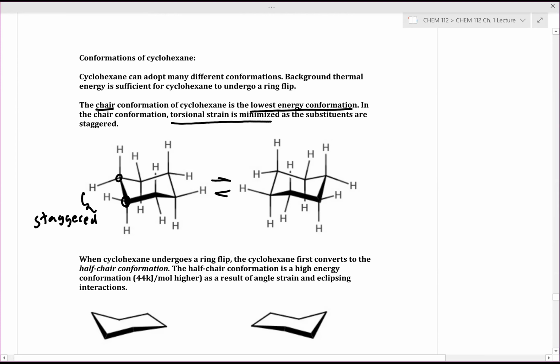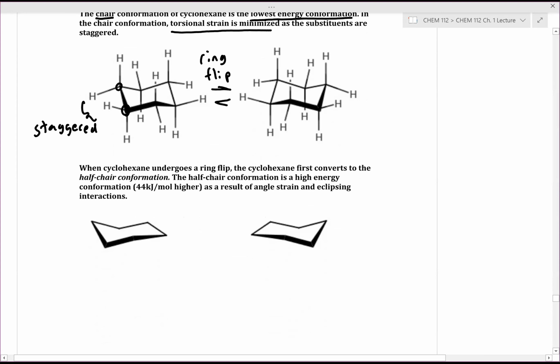Now, in order to interconvert between chair conformations, we have to undergo a process known as a ring flip. In order to complete this ring flip, our cyclohexane is going to go through a series of intermediate conformations. First, one of our carbons is going to move up.